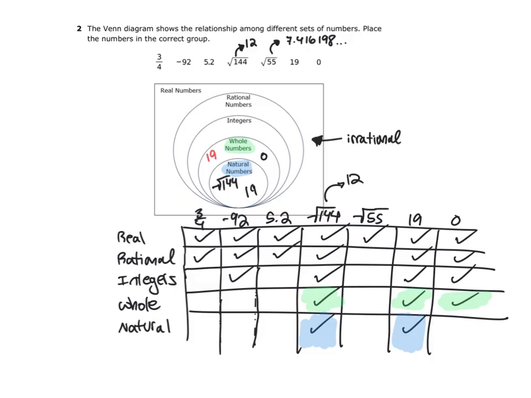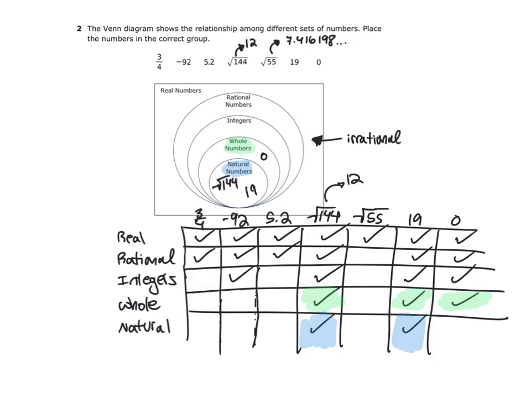I would be saying that 19 is not natural if I put it outside of the natural number region. So this is wrong. 19 can't go there. Neither can the square root of 144. They are whole numbers, but since they're natural numbers, they have to go in the natural number circle. Otherwise, I'm saying they're not natural.